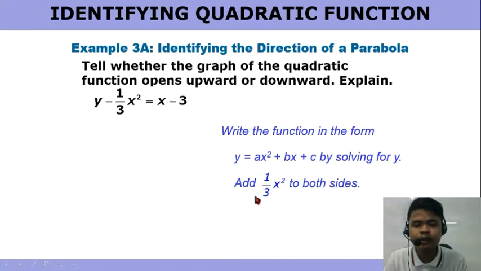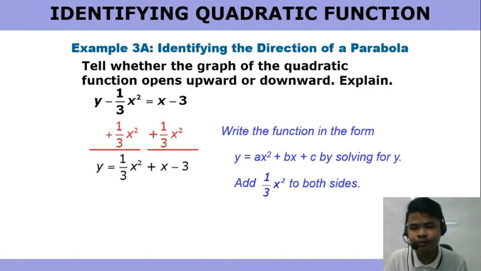Okay, add 1/3 x squared to both sides. So, para ma-transfer natin yung negative 1/3 x squared to the right side, we must add 1/3 x squared to both sides of the equation. Ito na. So, it is the application of the addition property of equality, wherein kapag nag-add ka ng isang value sa left side ng equation, mag-a-add ka rin sa right side.